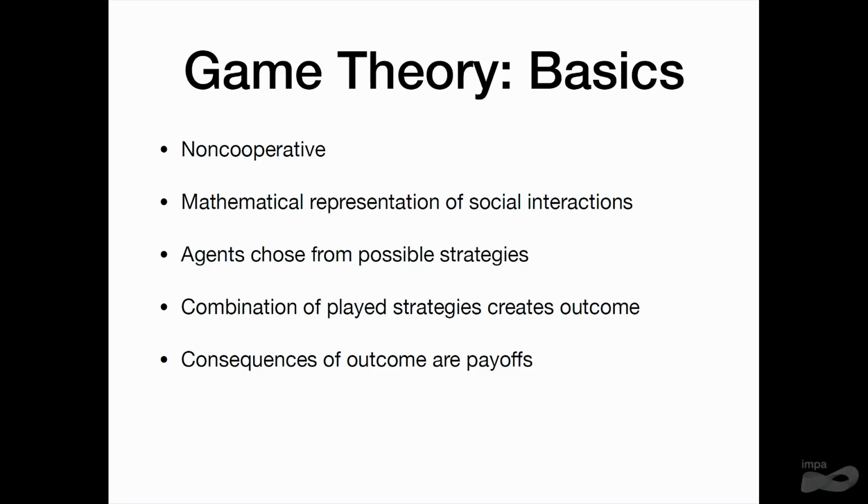And then the consequence of this outcome are payoffs. Right? So I choose something, you choose something. We end up being in a specific situation because of what we chose, and then we receive the consequences of that. And these payoffs are determined using utility functions that basically map preferences that are assumed that individuals have to the real numbers.